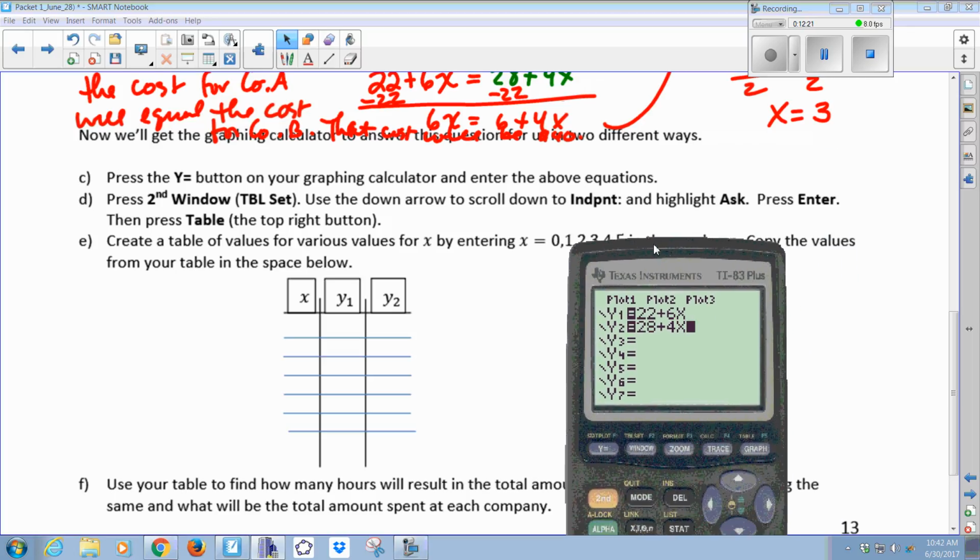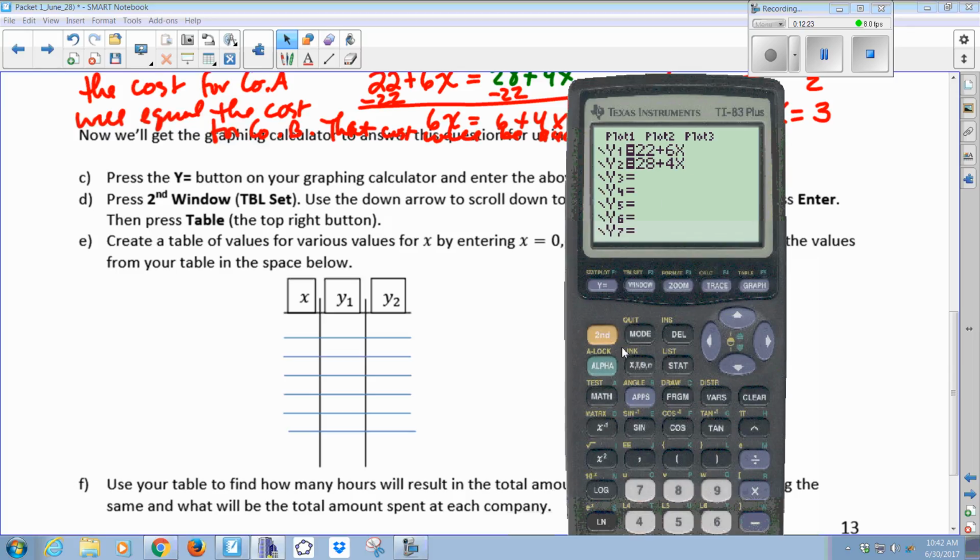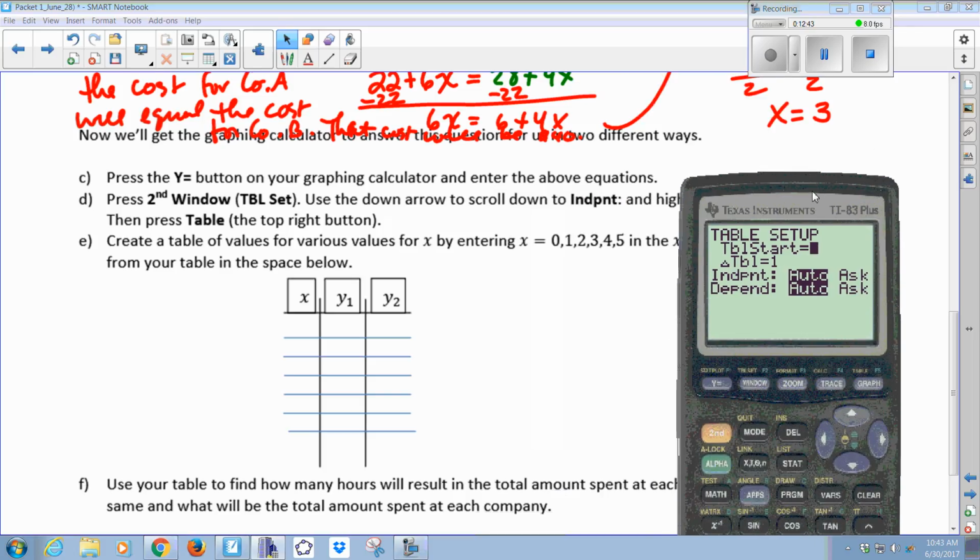We want to press second window, and that second window means that the little information that's in yellow above the window is the actual operation we're performing, which says TBL set. So if you do second window, you will be getting the table setup.